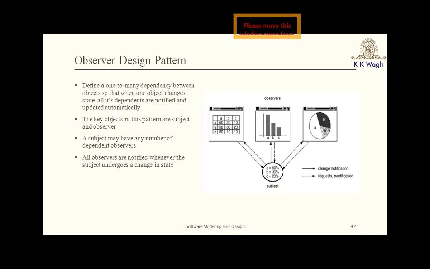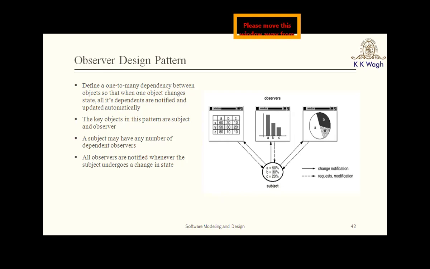So this is called publish and subscribe behavior. This behavior shows that the spreadsheet and bar chart are dependent on the data object and therefore should be notified of any change in its state.